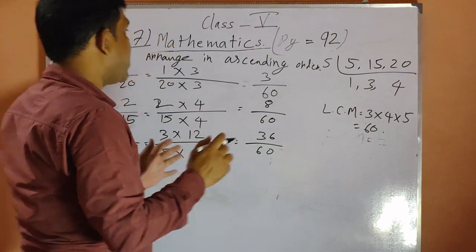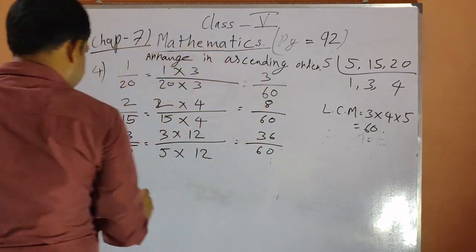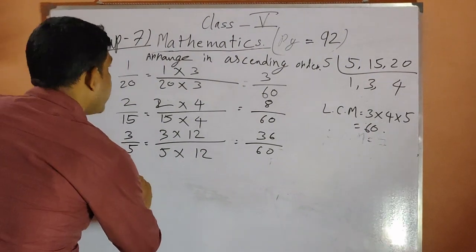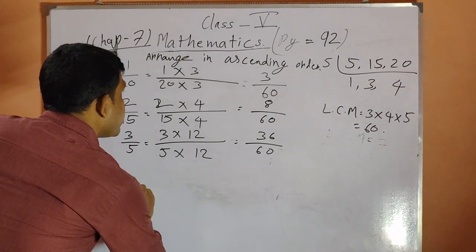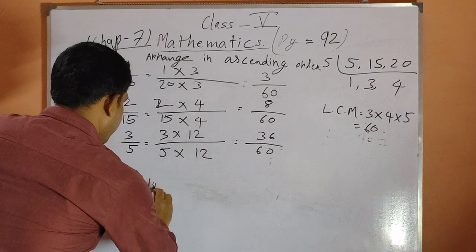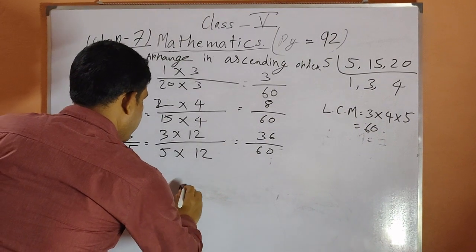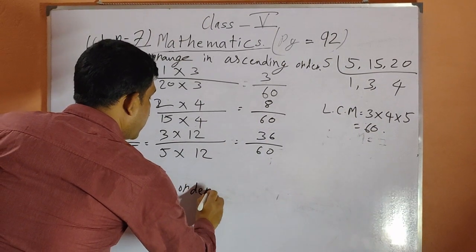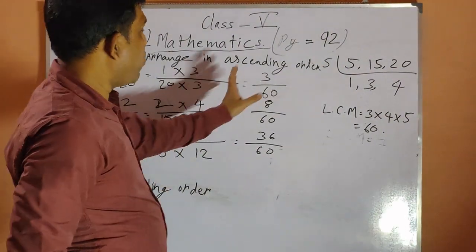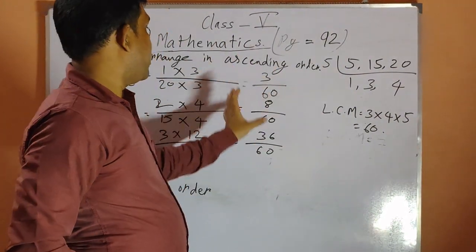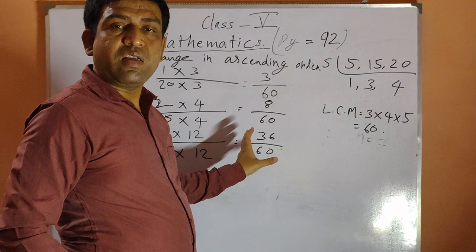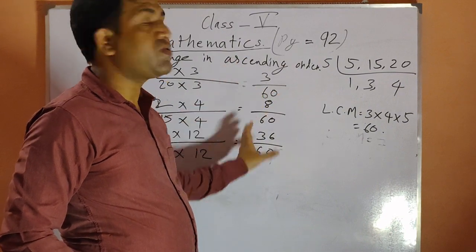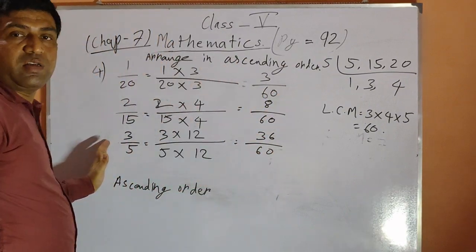Now you can write the ascending order from here. Remember one thing, you don't write this one. From here you can find the smaller one, but you cannot write this one. You have to write this one. Clear?